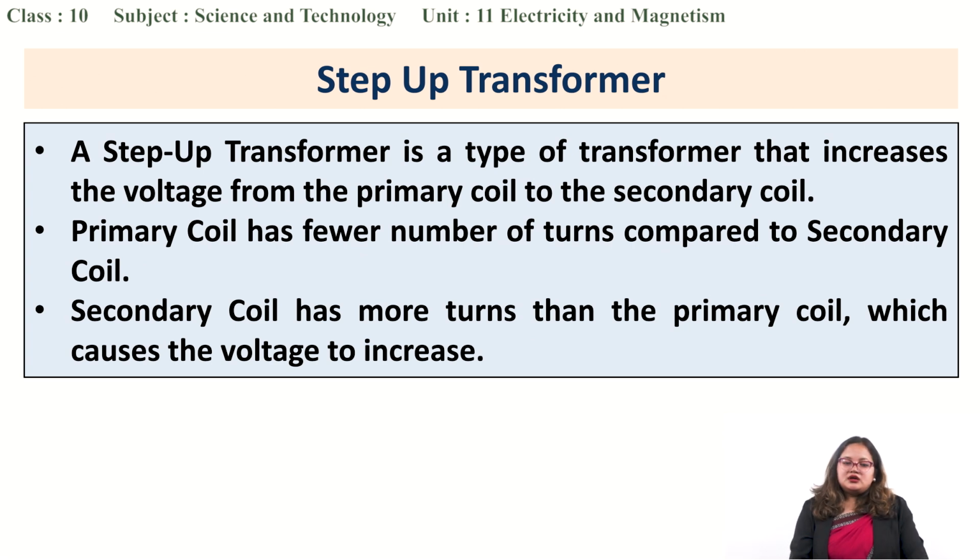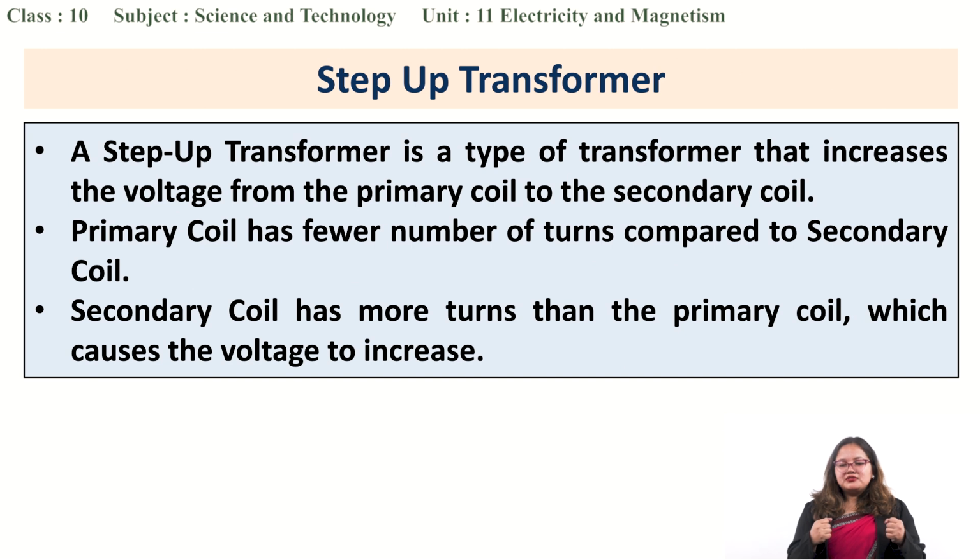The primary coil has a fewer number of turns compared to the secondary coil. We were saying that the number of turns determines whether the voltage is going to increase or decrease. In a step-up transformer, since the output voltage is more than the input voltage, the number of turns in the secondary coil is more.